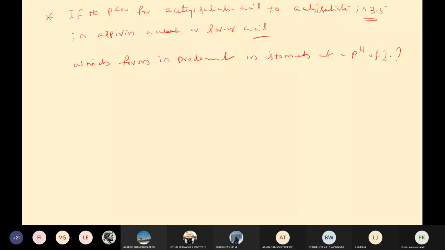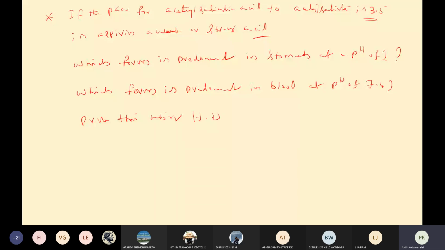And which form is predominant in blood at a pH of 7.4? Prove this using the HH equation.